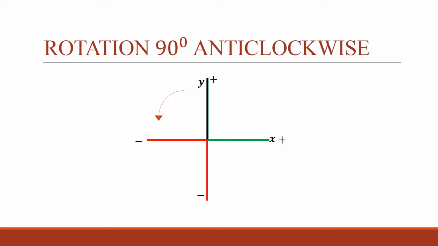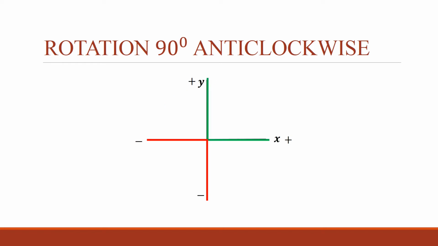Since we are moving backward, it means that the y must be moved first, followed by the x. So remember I said rotation starts with the first quadrant. But since we are moving backwards, the y moves first, followed by the x.